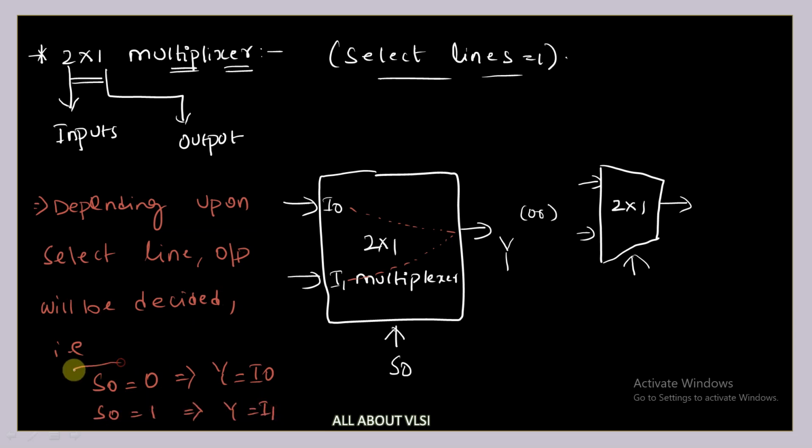So depending upon your select line, your output will be decided, that is, to which input the output should be connected. You can assume this as a switch also. The multiplexer is basically acting like a basic switch. Depending upon the value of your select line, it is going to assign your output. So let us try to draw the truth table for this.